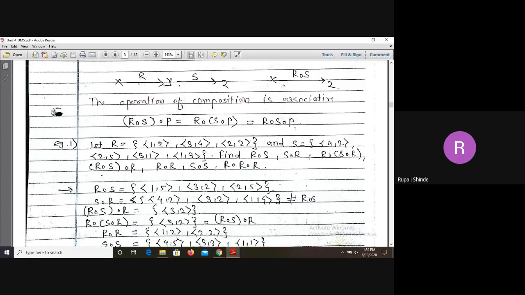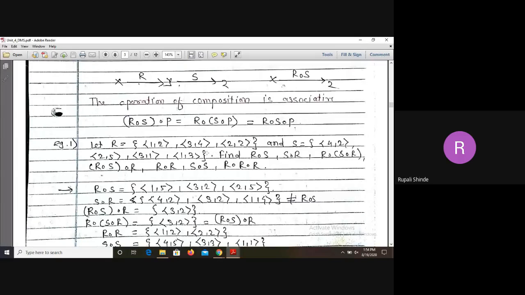Now move to the next ordered pair, that is 3, 2. Now we have to find such an ordered pair in relation R whose first element is 2, and that ordered pair is 2, 2. So 3, 2, 2, 2. Again this 2, 2 will get cancelled. You will get the answer as 3, 2, and that is written here.